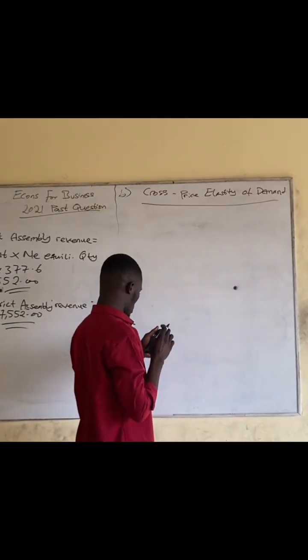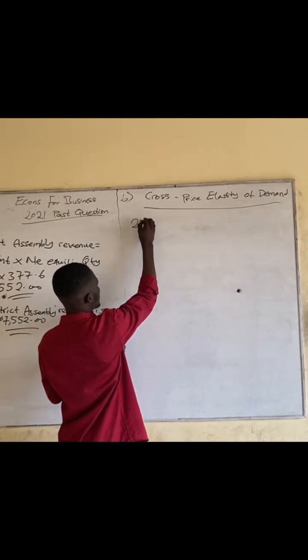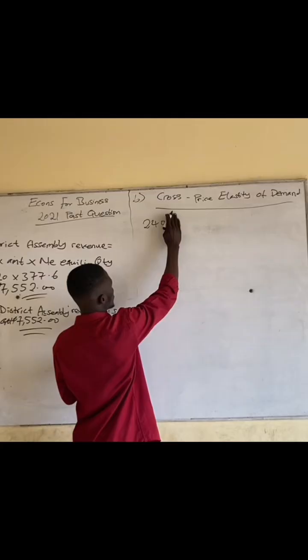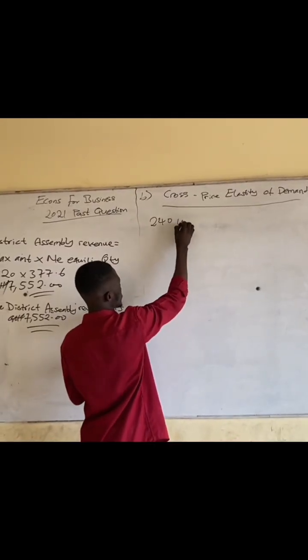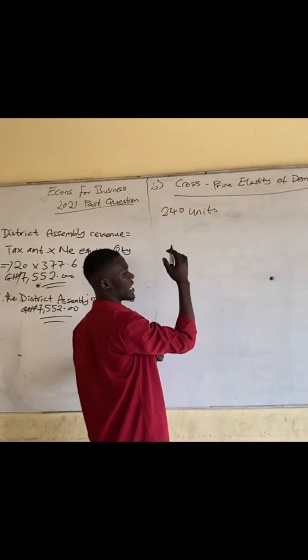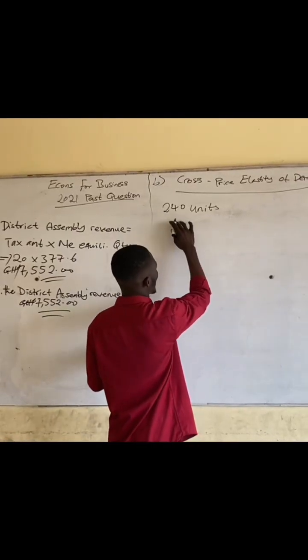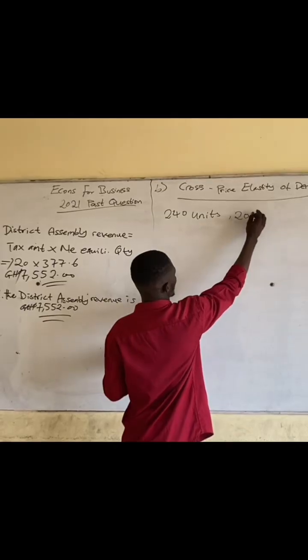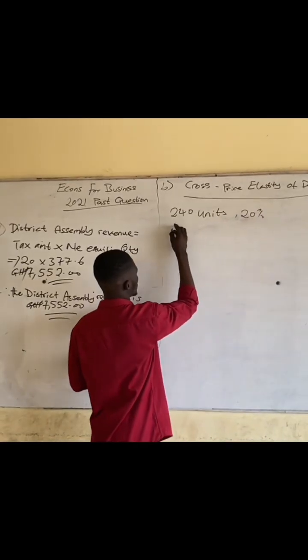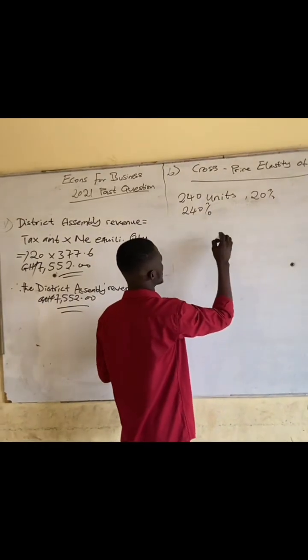Okay, so here he demanded 240 units, and it stated that it falls by 20%. Okay, so you apply 20% to this 240 units. 240 by 20%.